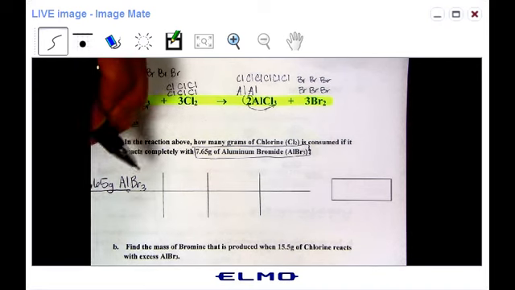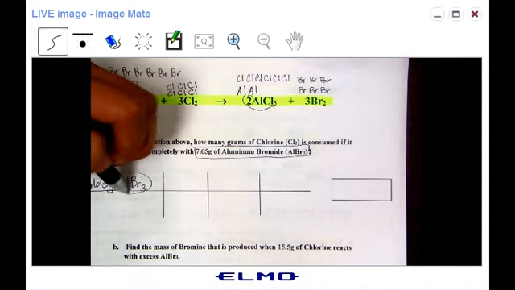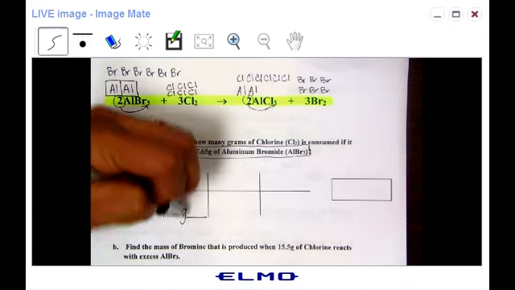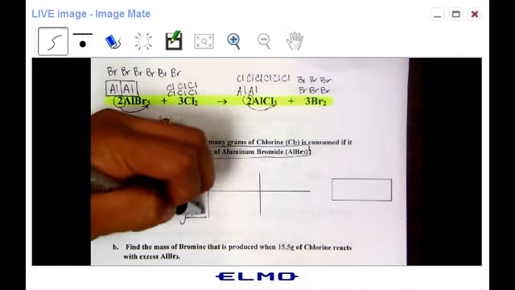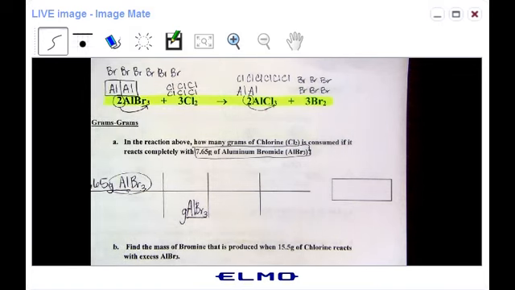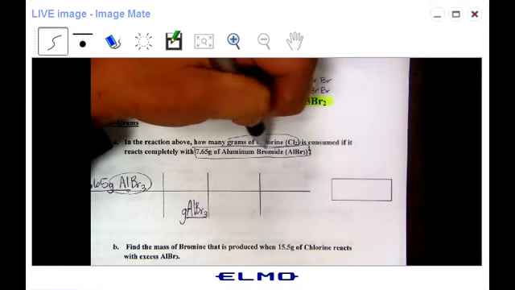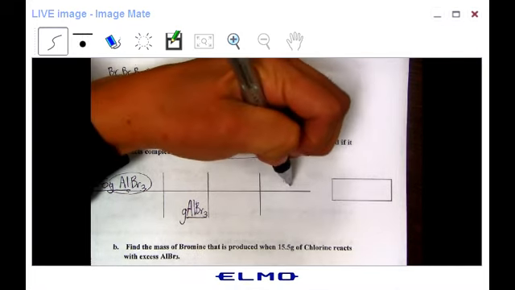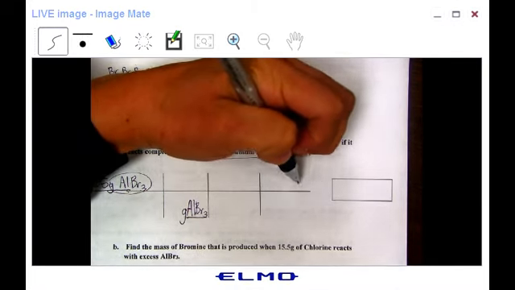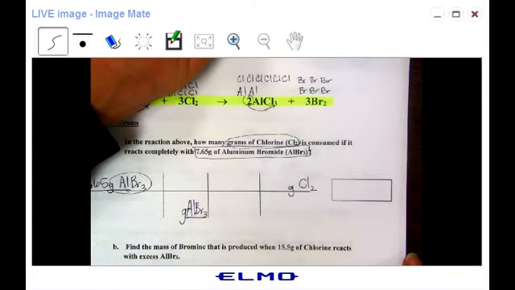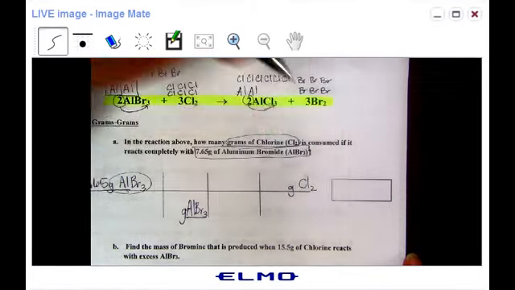If grams of AlBr3, what goes here? Grams of AlBr3. What am I looking for? I'm looking for grams of chlorine. Whatever you want will go on the furthermost right top corner. Grams of Cl2. That's what I'm looking for at the end.